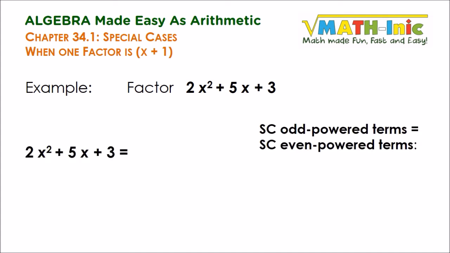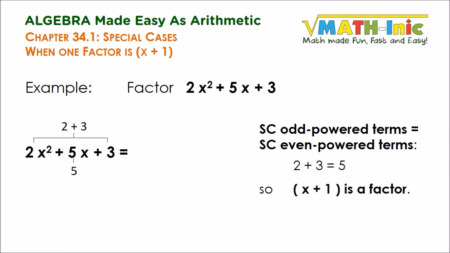The sum of the coefficients of the odd-powered terms is equal to the sum of the coefficients of even-powered terms. We can see here that 2 plus 3 is 5, which is actually the middle coefficient. Therefore, x plus 1 is a factor of 2x squared plus 5x plus 3.